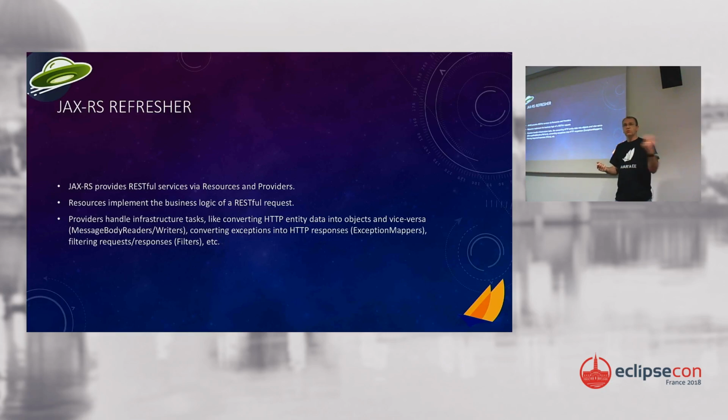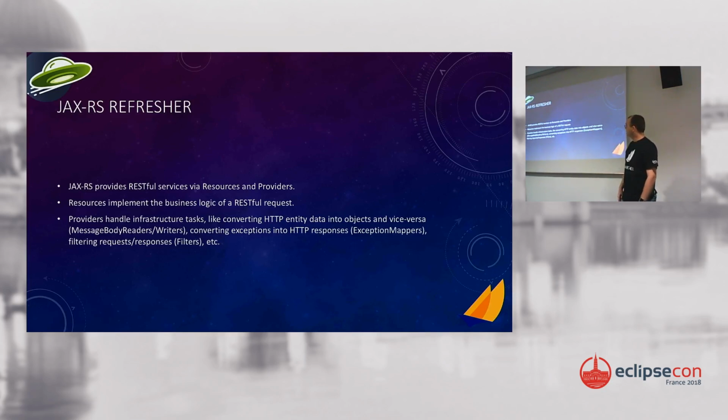When you issue a RESTful request, it provides the content for when you do a GET request or a POST request, etc. Providers handle infrastructure tasks, like converting HTTP entity data into an object, or vice versa, in a response. And then we've also got things like exception mappers, which will take an exception that's thrown out of your resource method and convert that into a response that's usable by the HTTP client.